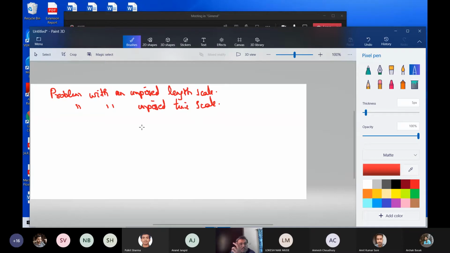This is given by F, about 10 raised to minus 4 per second. This is the angular velocity with which it rotates.